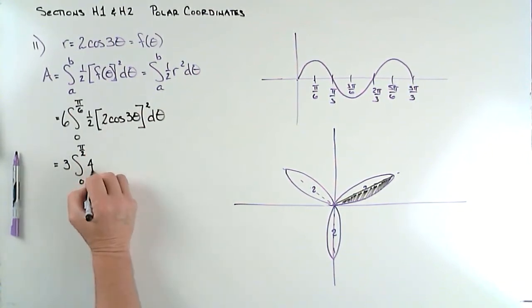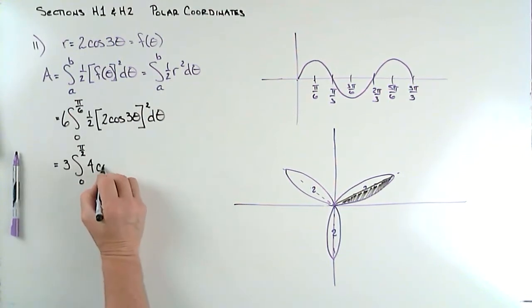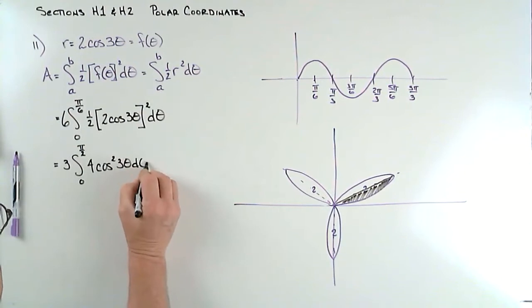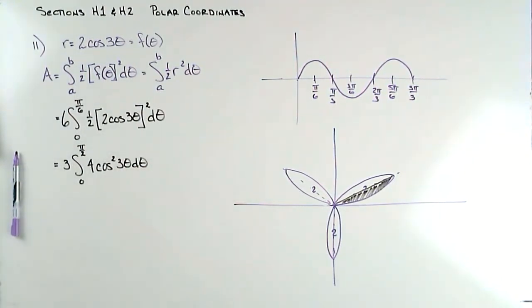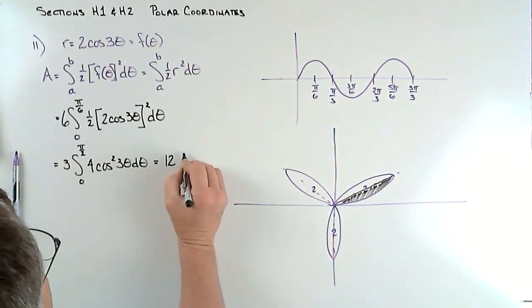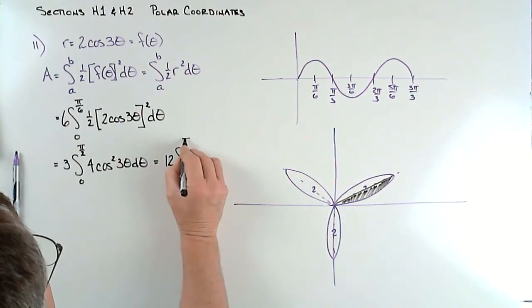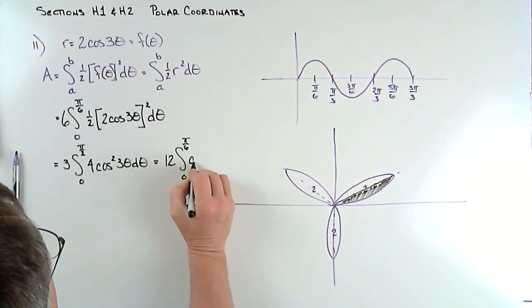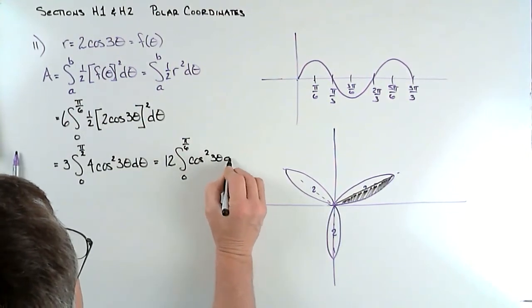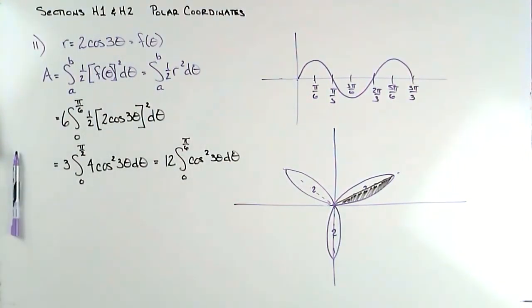This is going to be 4, and then cosine squared 3 theta d theta. Now we can put the 4 out in front. And now we have 12 times the integral from 0 to pi over 6 of just cosine squared 3 theta d theta, all right?